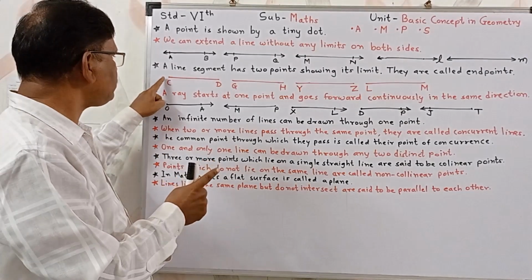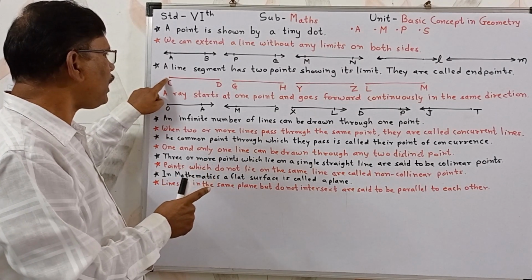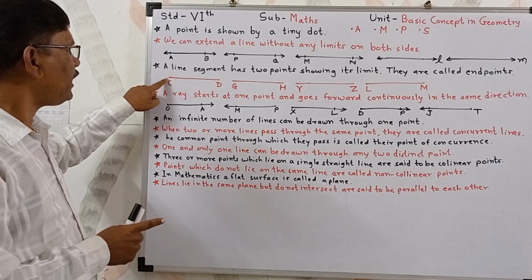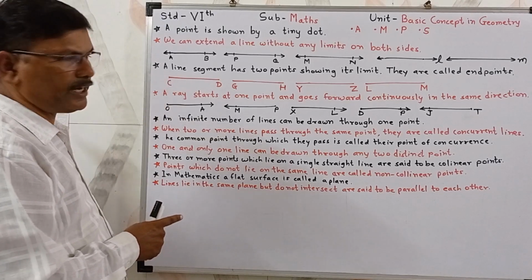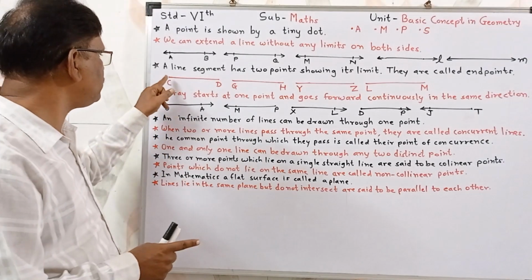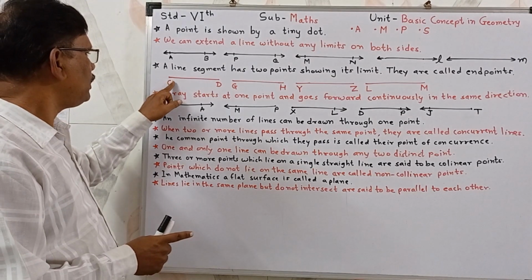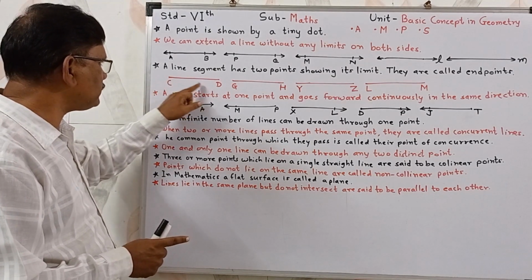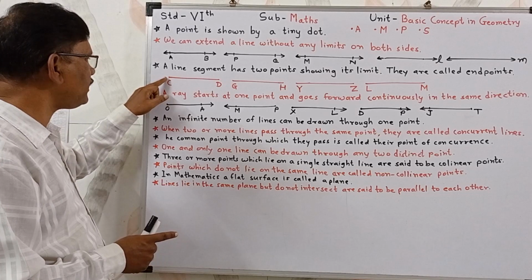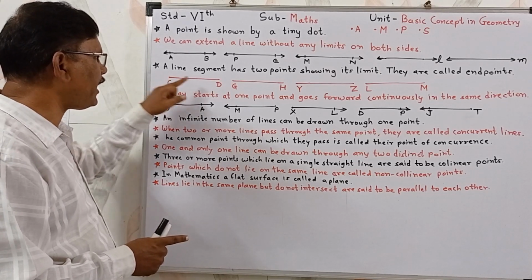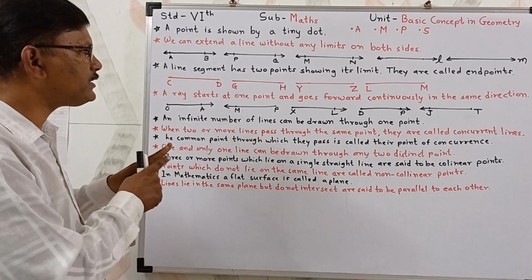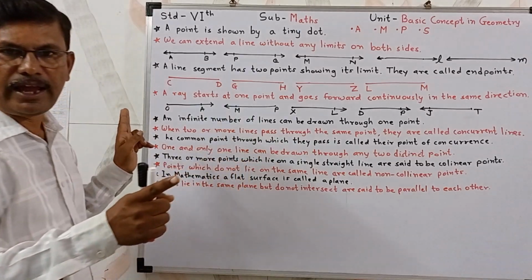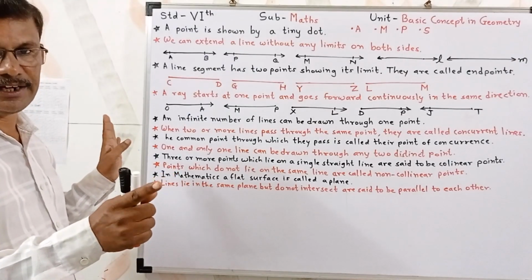The end point means that they have a limit. They can't extend. We can't extend this. So the line segment has a limit here and a limit here also. So it can't extend any side.